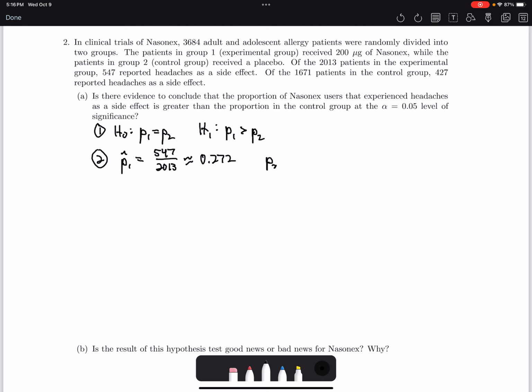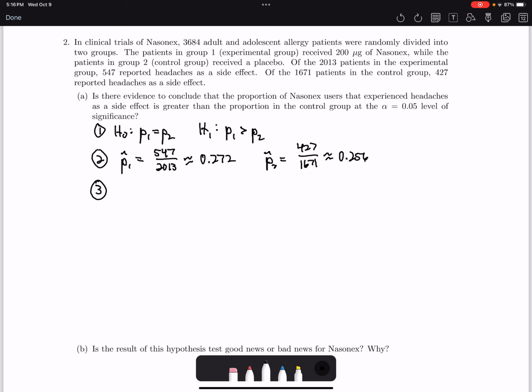In the control group, it was 427 out of 1671. And that comes out to about 0.256, so about 26%. Looking at those proportions, I would say there doesn't seem to be much of a difference here, okay? But we've got to run the test to see. My intuition has been off before, so the only way to know for sure is to run the test.